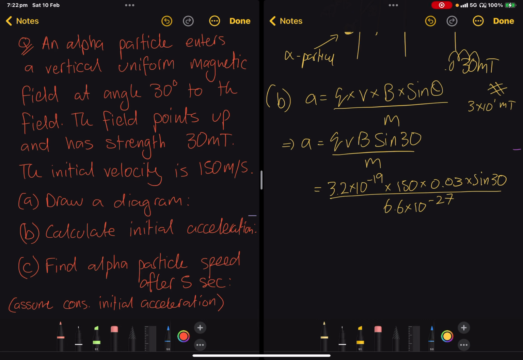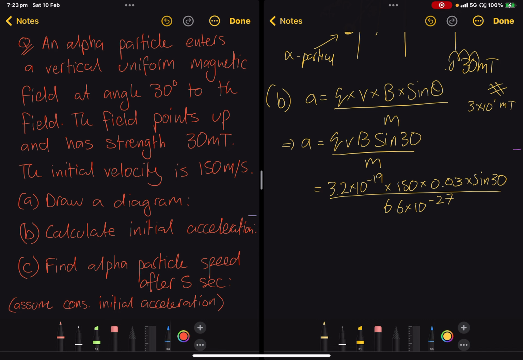So now we can plug all of this into our calculator. We're going to get 3.2 times 10 to the power of minus 19 times 150 times 0.03 times sine of 30, all being divided by 6.6 times 10 to the minus 27.